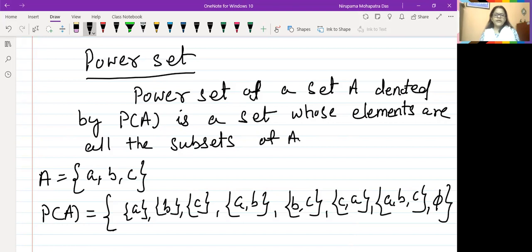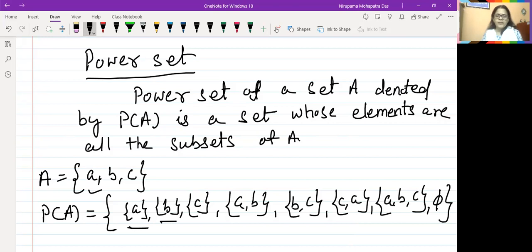Okay, so how many elements are in the power set? The elements of the power set are all the possible subsets of A. A has 3 elements. The number of subsets is 2 to the power 3.